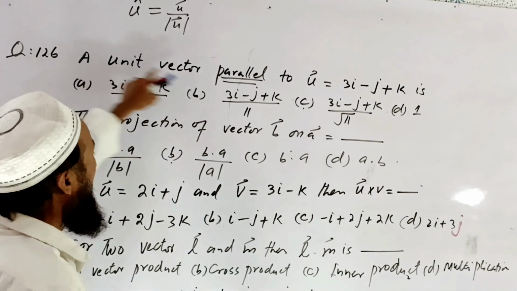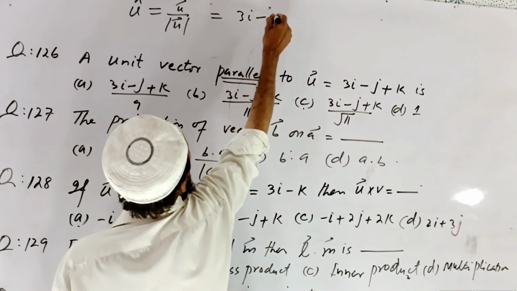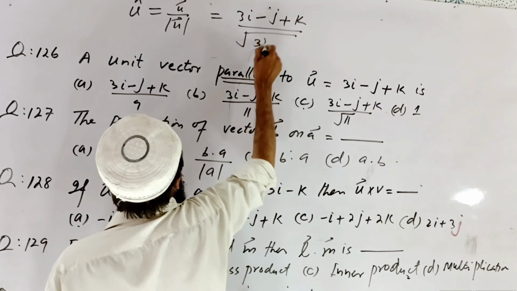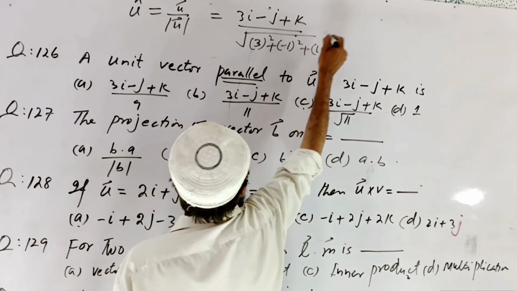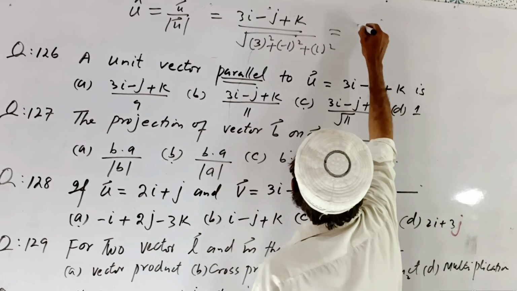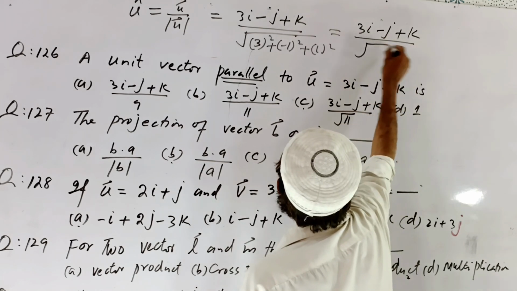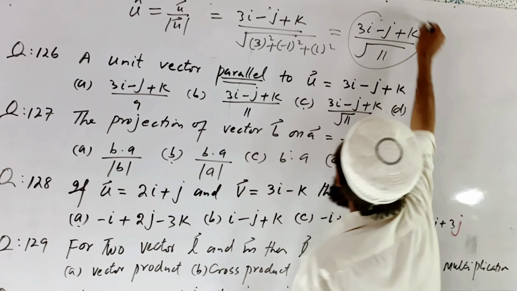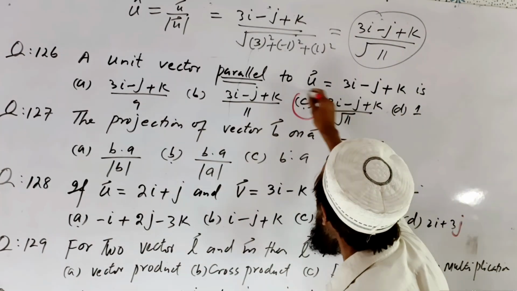The given vector can be written as 3i minus j plus k, and its magnitude is the square root of 3 squared plus minus 1 squared plus 1 squared, which is the square root of 9 plus 1 plus 1, that is root 11. Now check this answer in the options. C is the correct option.